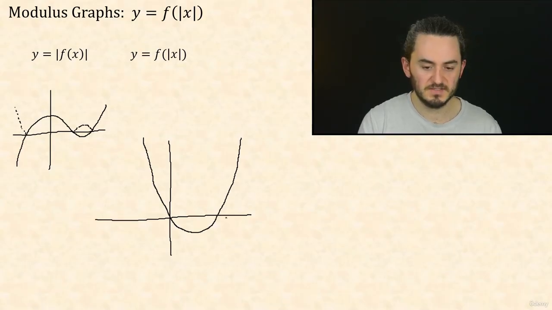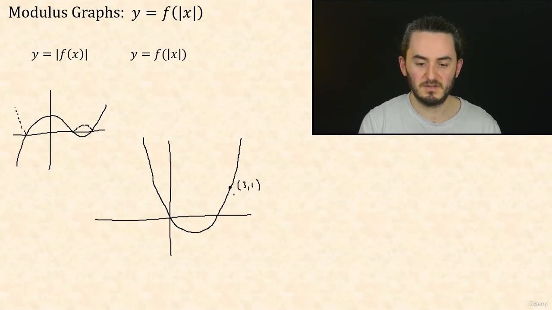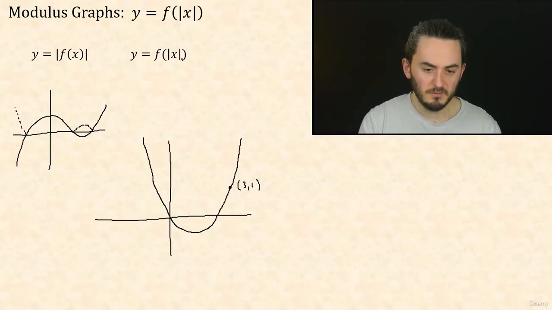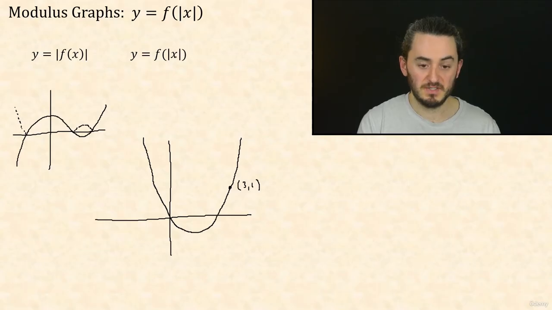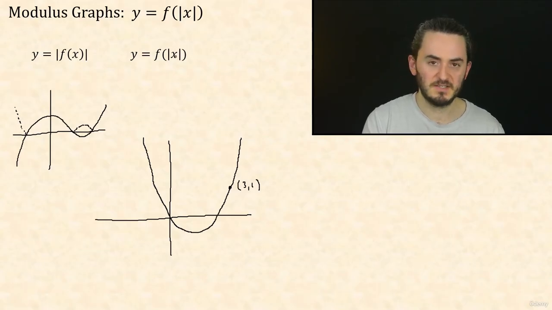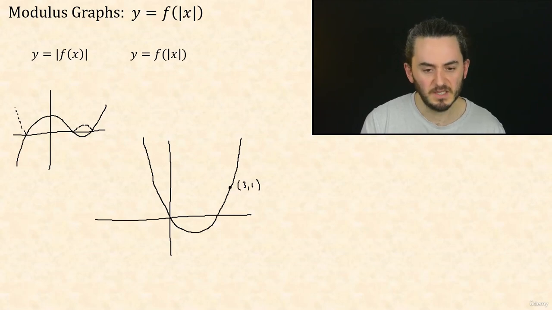So for example, let's say this point here is the point (3, 1). What that means is, if you put 3 into the function, you get 1 as your output. Now, if we put 3 into this function here, well, 3 is positive, so it's going to get left alone. In fact, if x is any positive value, it gets left alone.